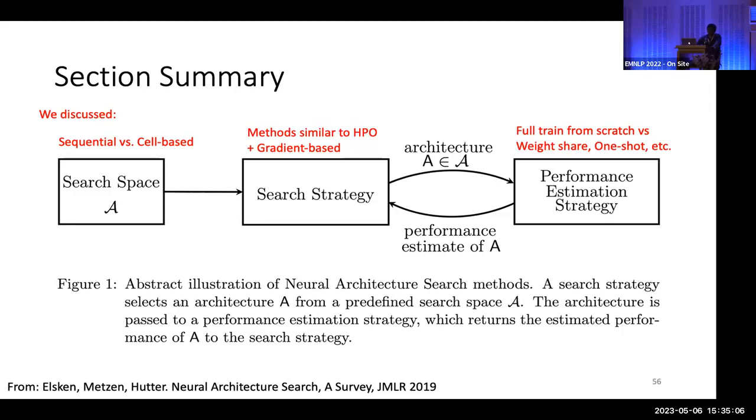And then we talked about different search strategies. We can use all the HPO search strategies, but there's also new gradient-based strategies now because we're focusing on neural nets. And then finally, performance estimation is sort of tied in with the search, but that's the bottleneck. And if you can do that well, then you can do very good NAS. Okay. All right, any questions? I think that's the end of this section.